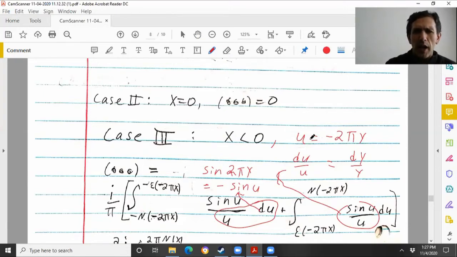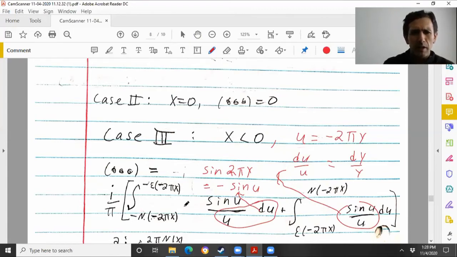When y is minus n, u is minus n minus 2 pi x. That's great because x is negative, minus 2 pi x is positive. Same thing here and same thing for these two. Because x is negative, there's no issue, we don't have to switch anything.